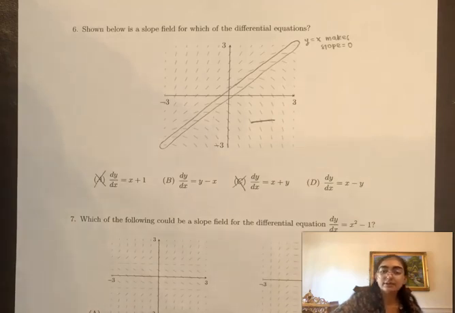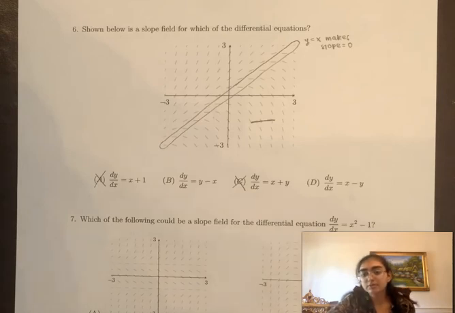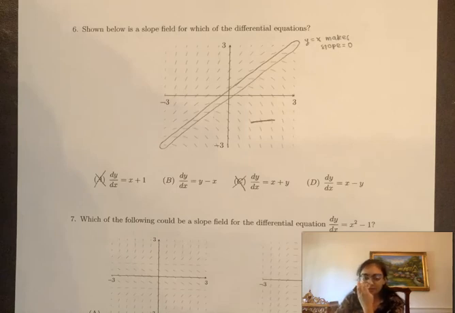That means that when we plug in, let's say, a positive 1 for x and a negative 1 for y, we're going to get a negative number. You can use any point in the fourth quadrant. I just like to stick with 1 and negative 1 because they're the easiest numbers to work with.